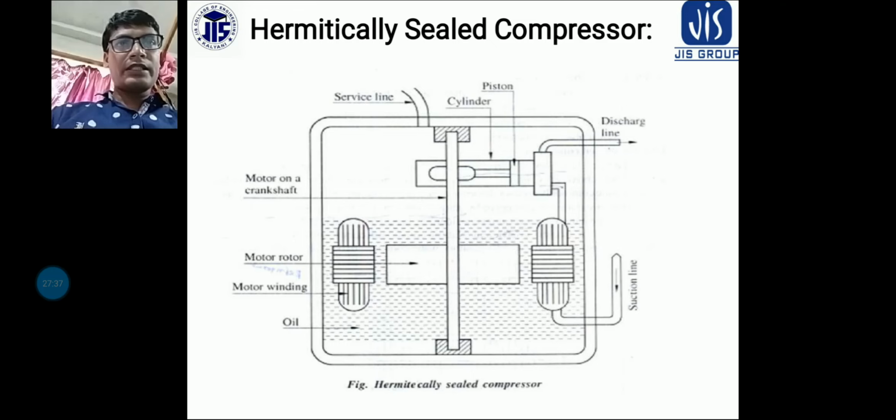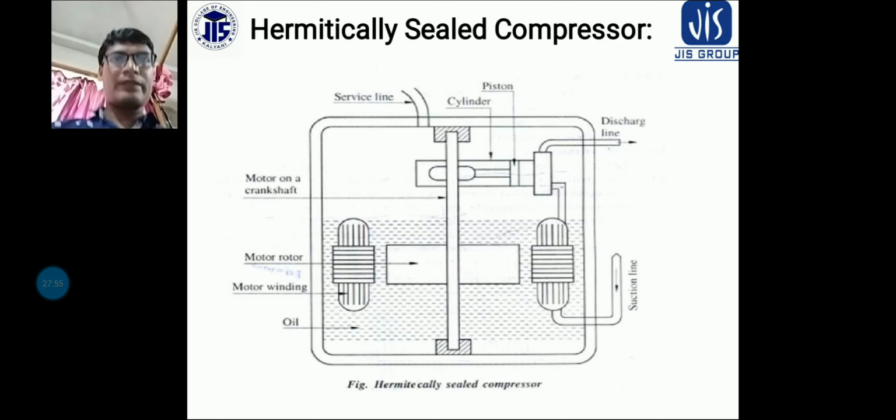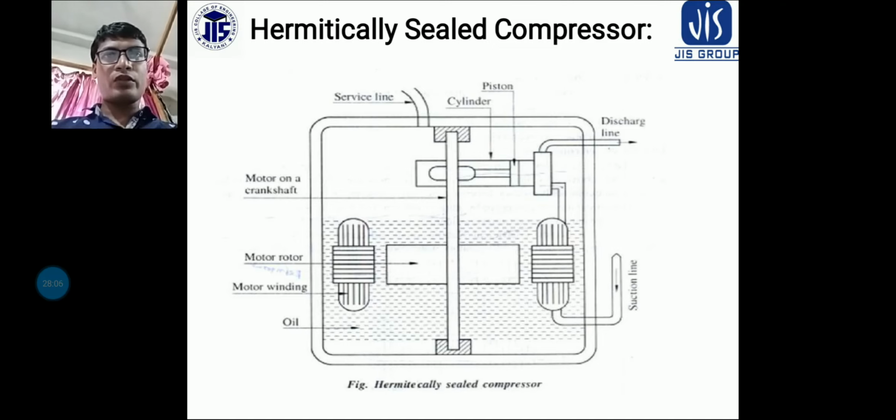In a hermetically sealed compressor, the motor and compressor are inside a welded steel dome which cannot be removed easily for internal servicing. In this figure you can see the basic difference between the compressor and the serviceable hermetic compressor is in the means of access to the compressor and motor assembly.